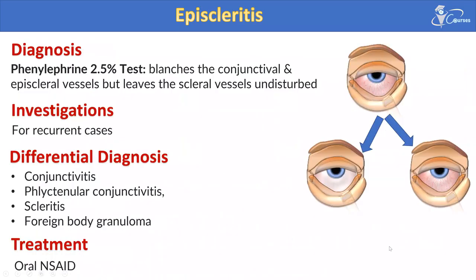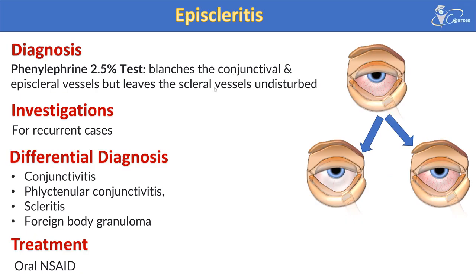So what will be the diagnosis? How can we diagnose? We can diagnose by a test called the phenylephrine 2.5% test. Phenylephrine is a vasoconstrictor, so it will vasoconstrict the superficial blood vessels like conjunctival and episcleral blood vessels. So it can be used to differentiate between episcleritis and scleritis.